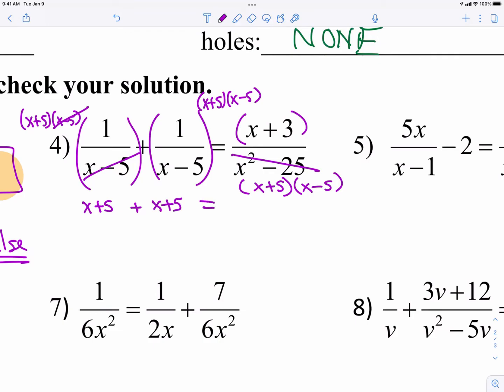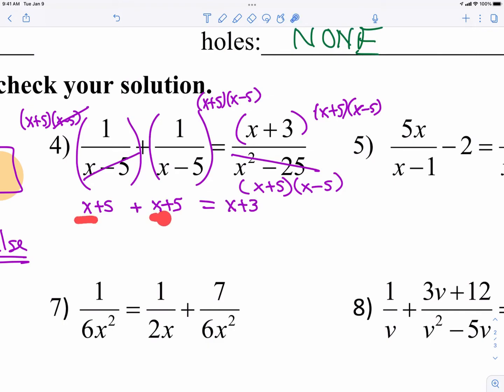And then on the right side, if we multiply this fraction by x plus 5, x minus 5, we're going to get the x plus 5s to cancel, and the x minus 5s canceling. So the only thing left is x plus 3 on the right.